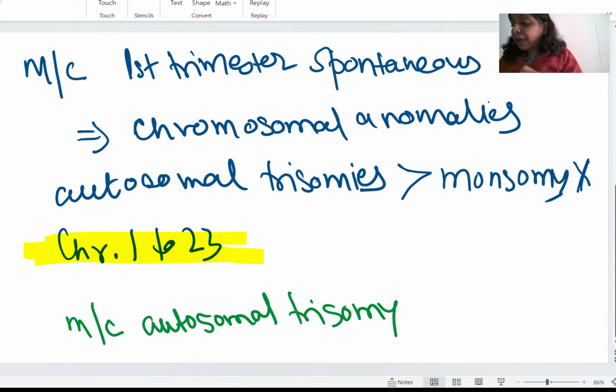But when they ask you with the chromosome number, then you have to answer monosomy X, because trisomy is present for every chromosome, but monosomy is present only for X.